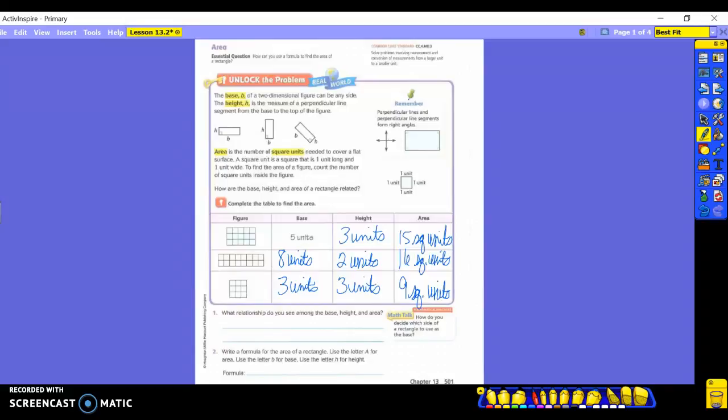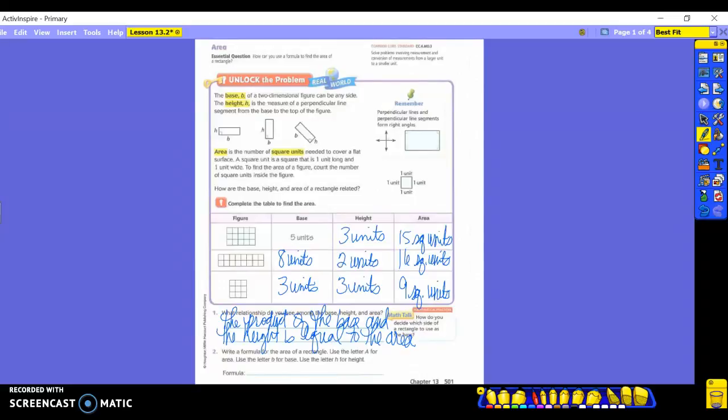So you're going to put the product of the base and the height is equal to the area. So the product of the base and the height is equal to the area.